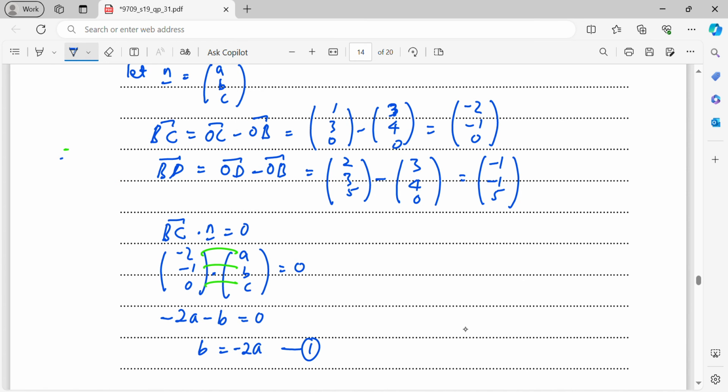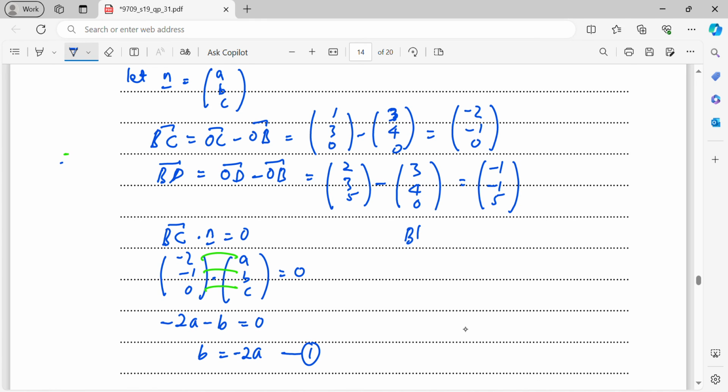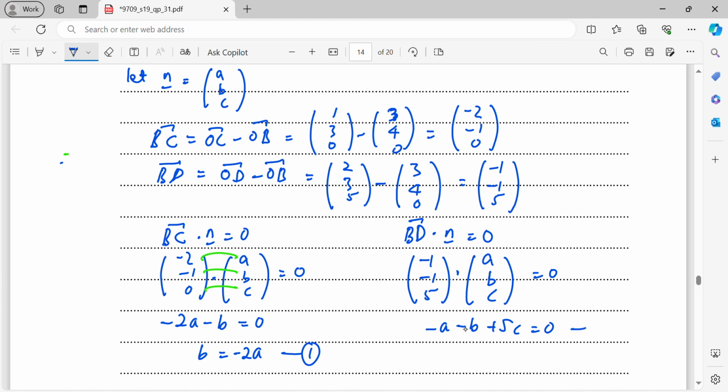Then from here, I know that BD dot n is also 0. Then I will get (-1, -1, 5) dotted with (a, b, c) equals 0. That means my second equation will be -a - b + 5c = 0.